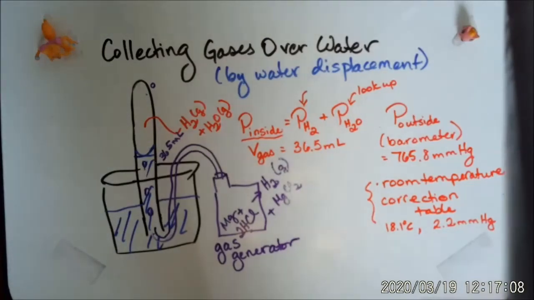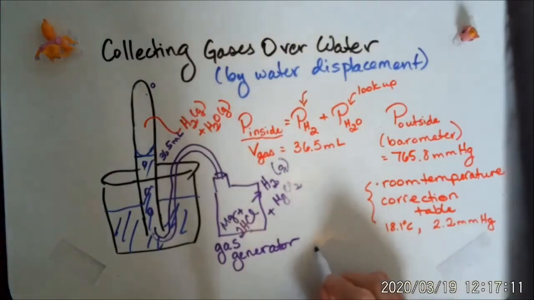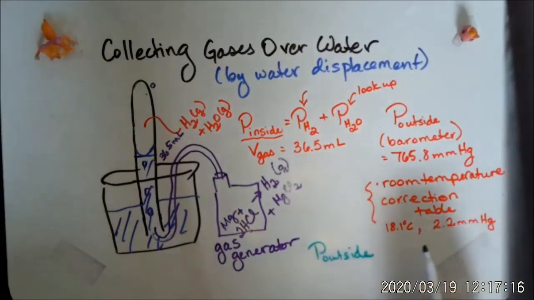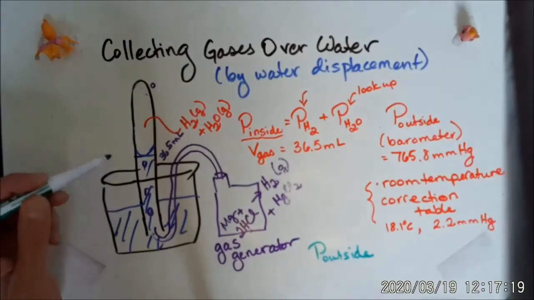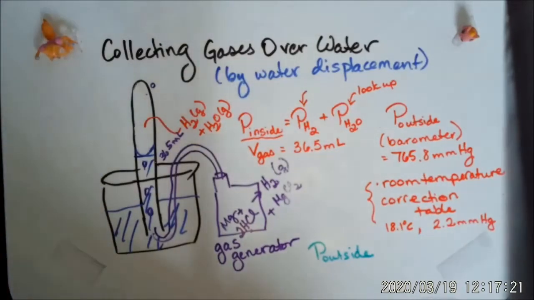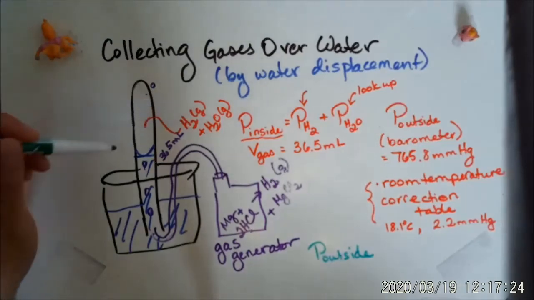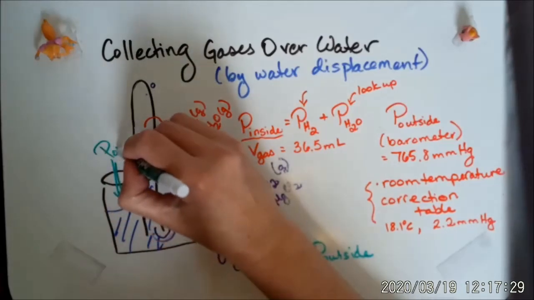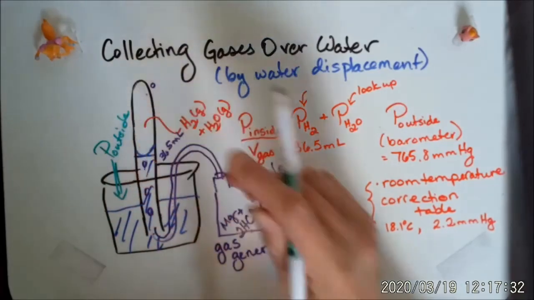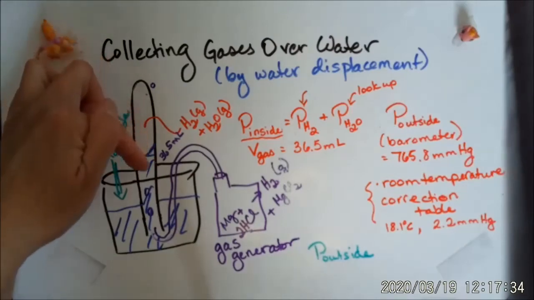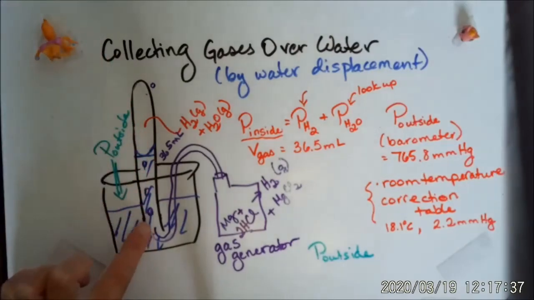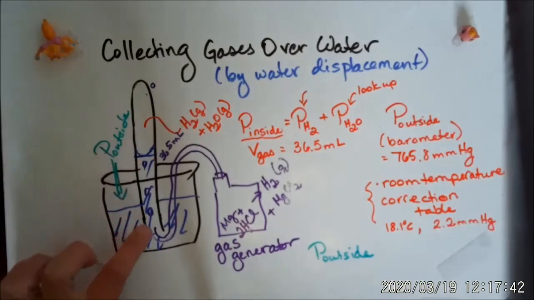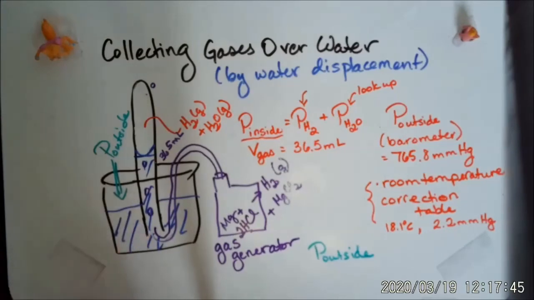If my outside pressure is less than my inside pressure, then what you would expect to see is that if my pressure outside here is less than the pressure here, then you would expect this to push down below and push as much liquid possible to the outside. This would be below the level of water that's in my beaker.